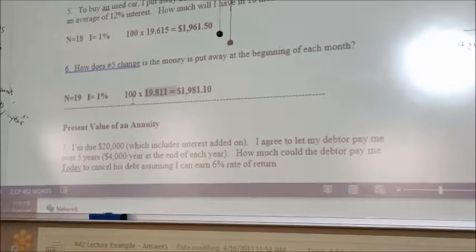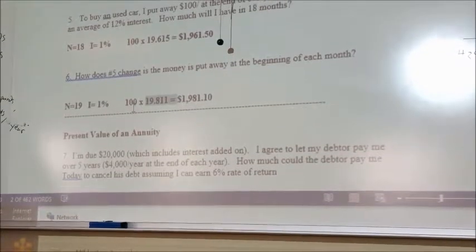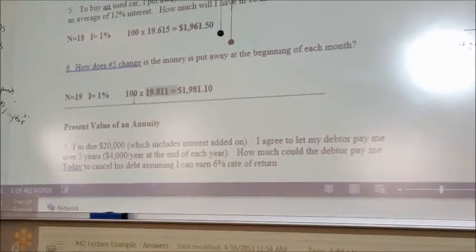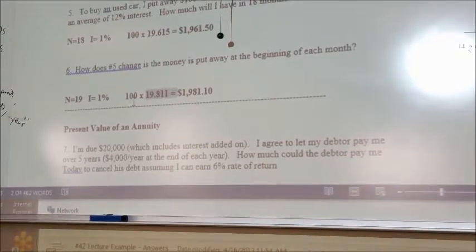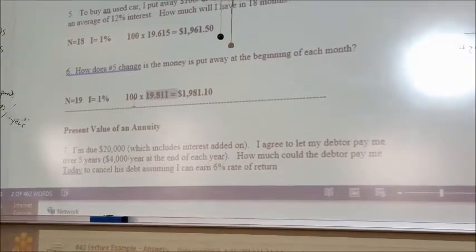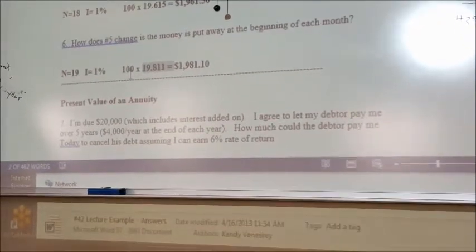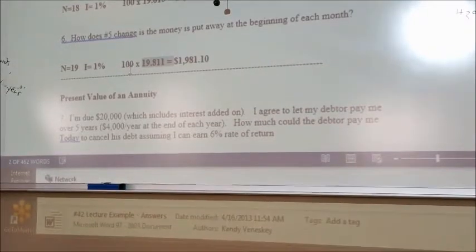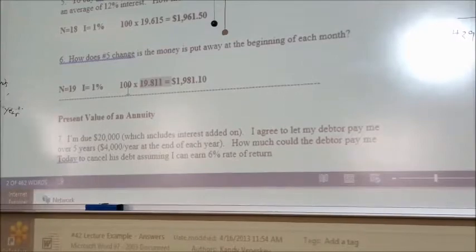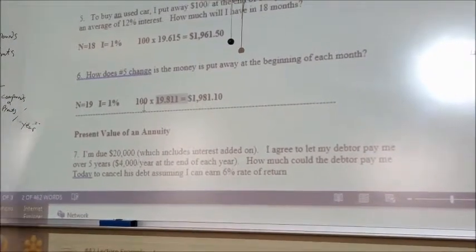So with interest, it's 20,000 total. However, I decide, well, instead of having to pay me right now, I'll let you pay me over 5 years, equal amounts. At the end, keyword, end of every year. How much could the debtor pay me right now with this new agreement?